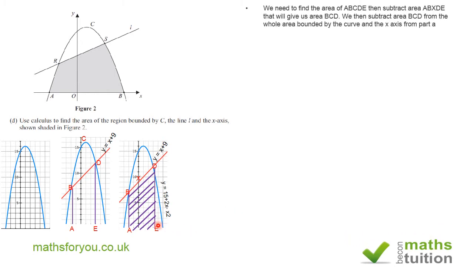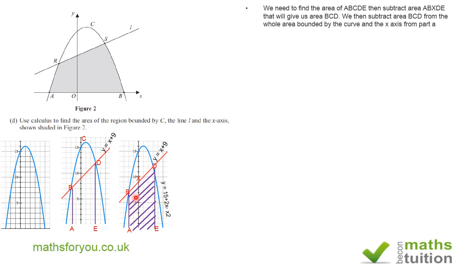So what I've done is to draw 3 graphs. Now this is the whole graph, and we know that the area there from part A is 85 and 1/3, I think it is. Now what I need to do is to find the area A, B, C, D, and E. I also need to find the area A, B, X, D, and E there.